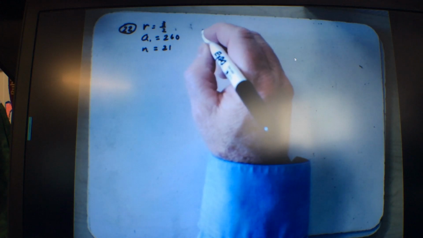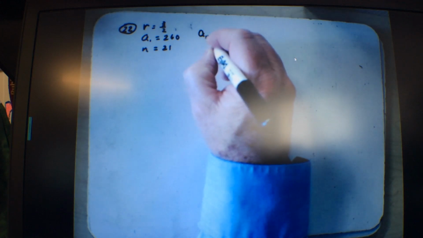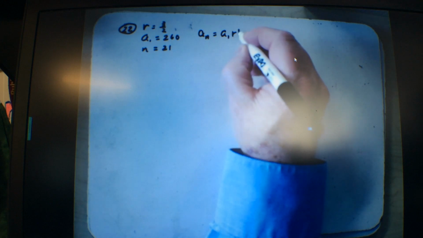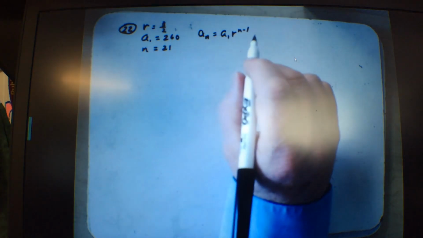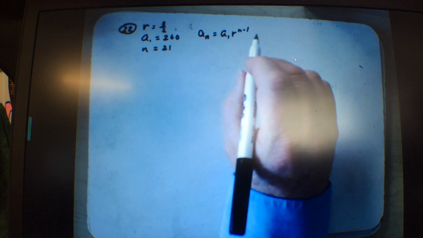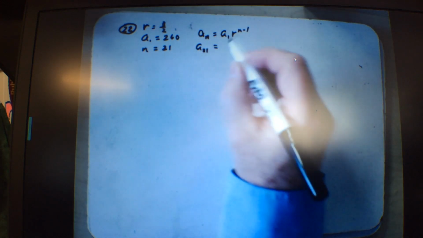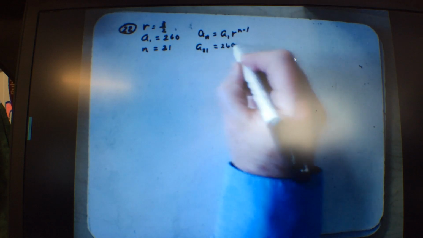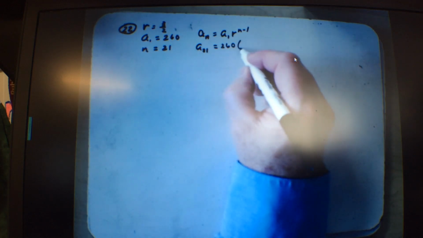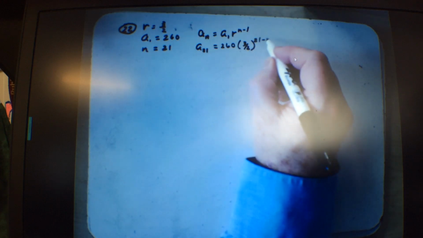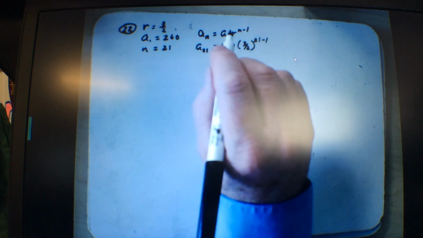So we're going to start with the formula a sub n equals a sub 1 r to the n minus 1. That's the original sequence formula, isn't it? So a sub 21 equals the first term, which is 260, times 3/2 to the 21 minus 1 power, correct?